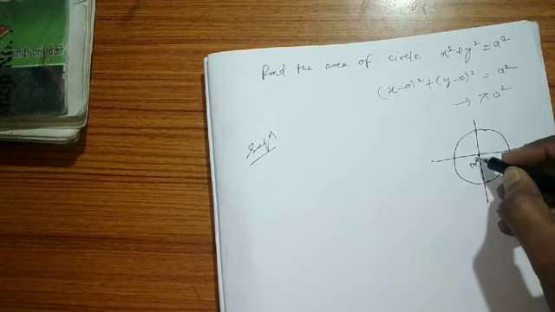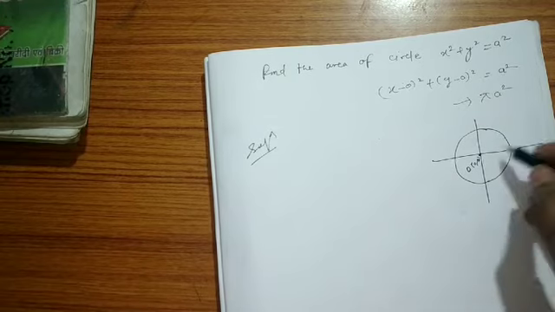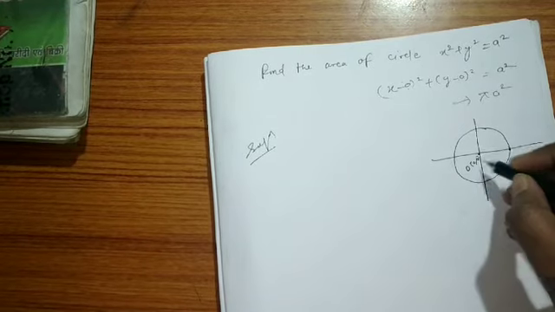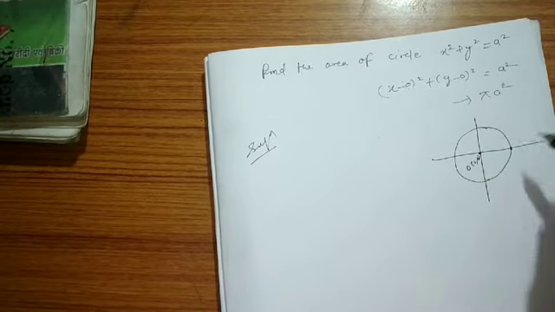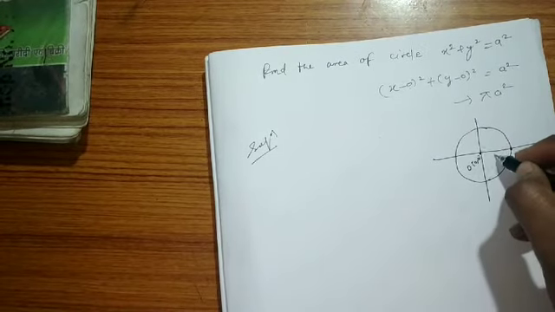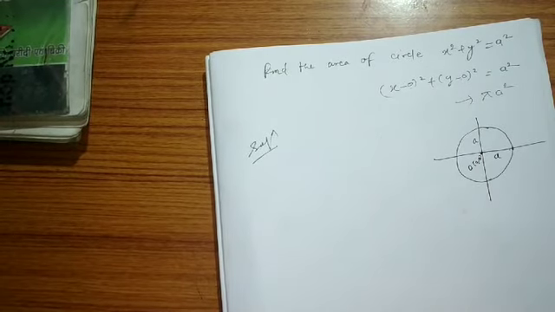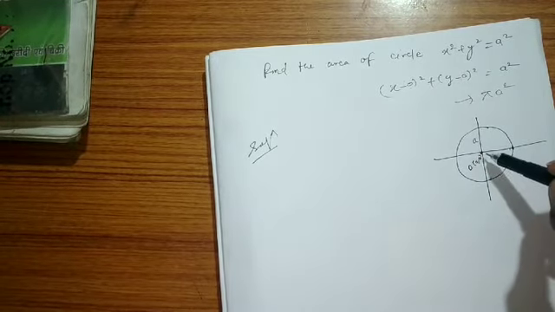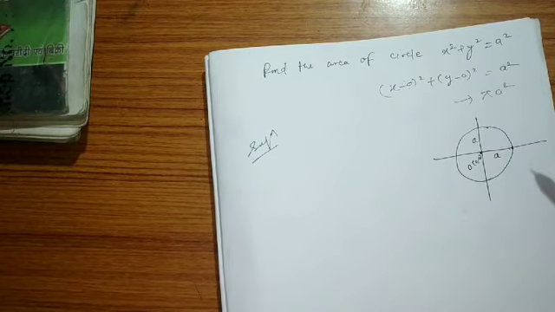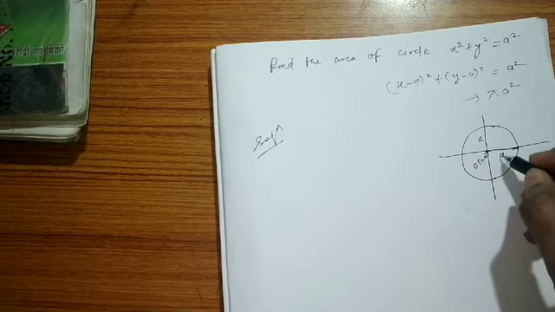Let it be named O, and the radius is a, which is given in the equation. This one is also a, because all radii will be the same in a circle.